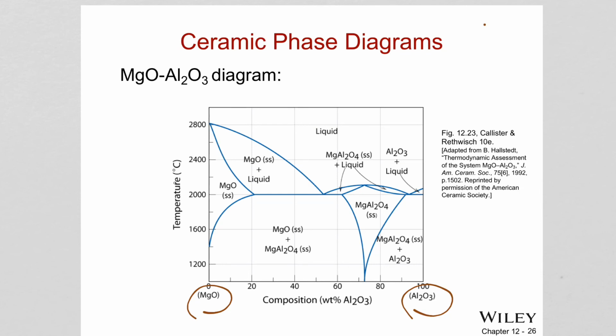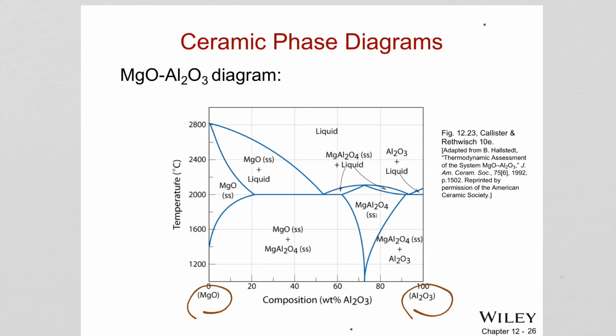So that is actually a 2-component phase diagram. There are several examples of these phase diagrams in your book. Here we take a look at the magnesium oxide and alumina phase diagram.